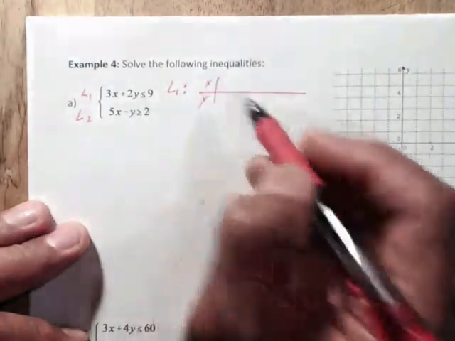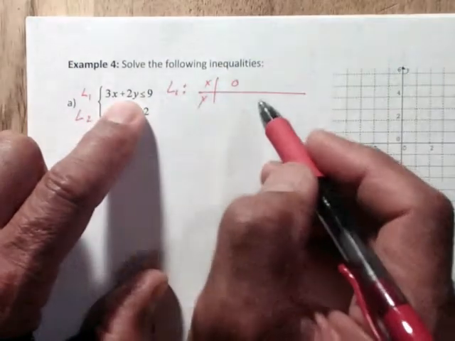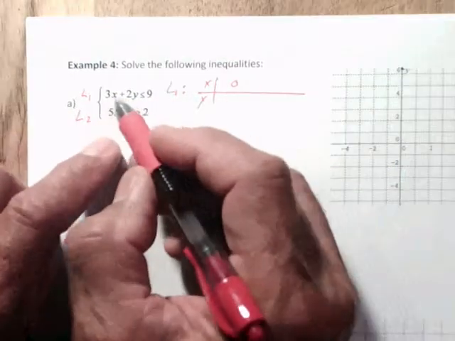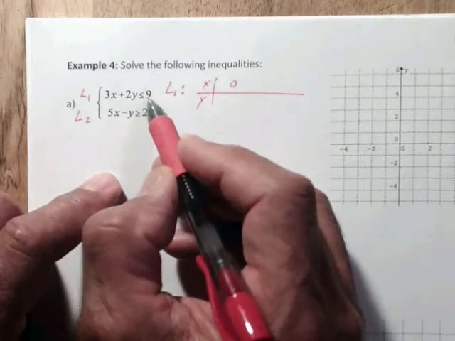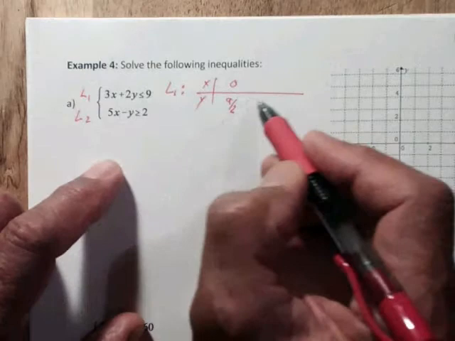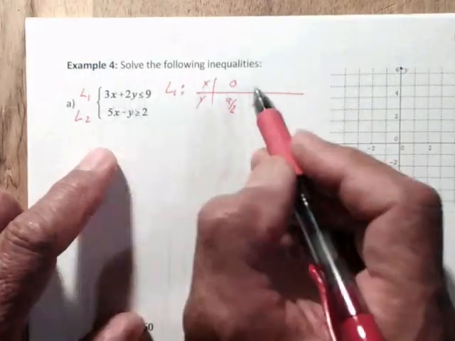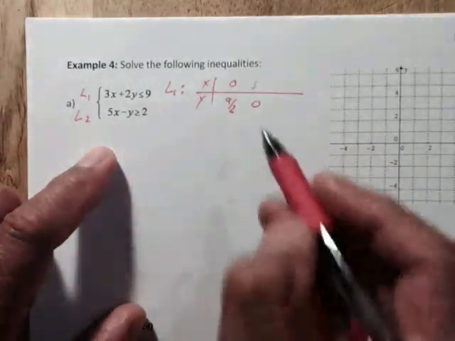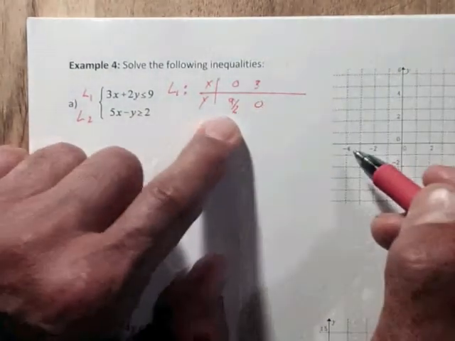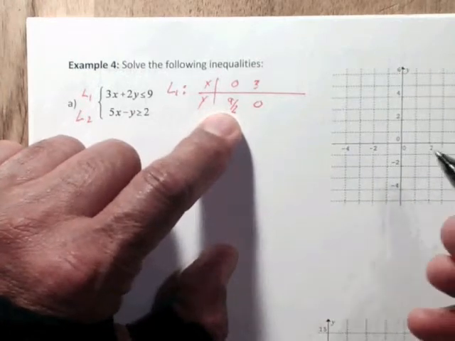Put x equal to 0, I get y equal to 9 divided by 2. And if y is equal to 0, I get x equal to 3. If I go ahead and graph this, 9 over 2 is 4.5, 4 and a half.